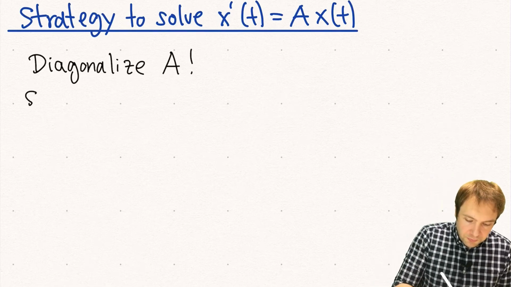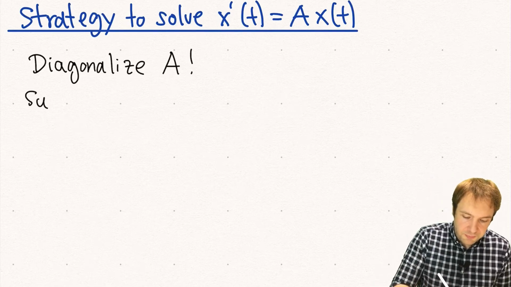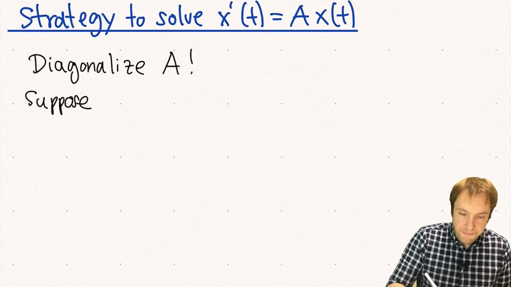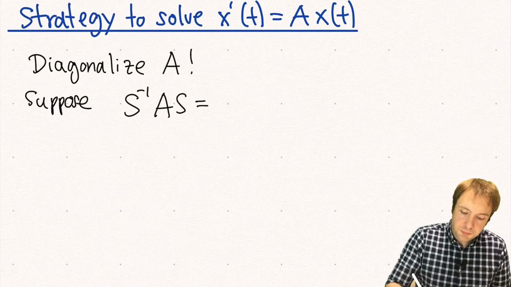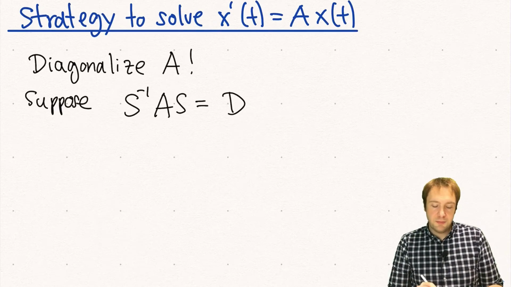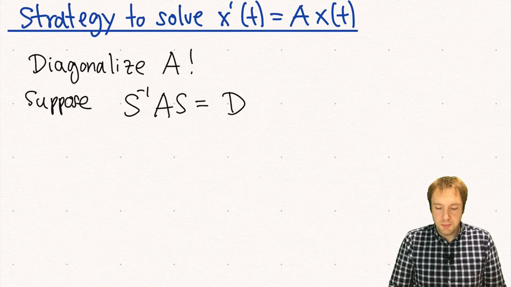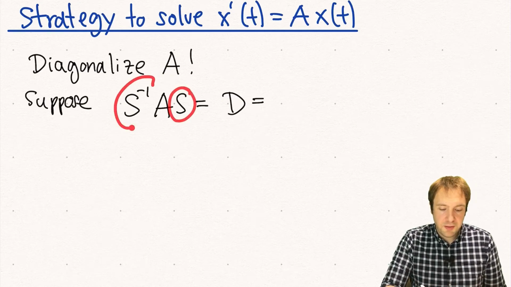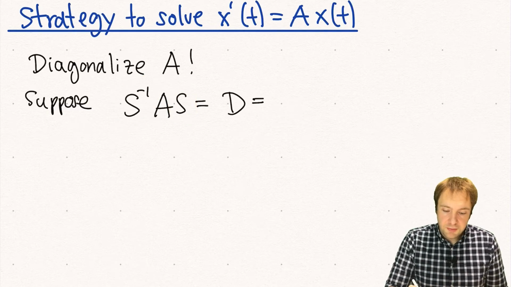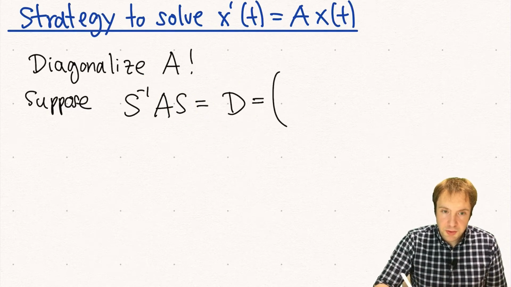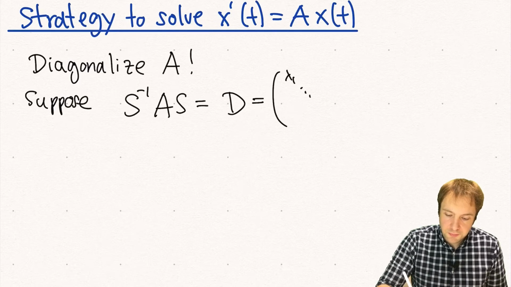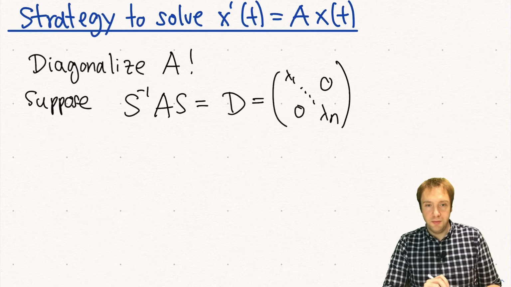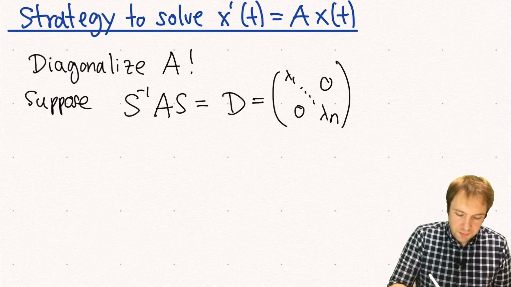So suppose we can diagonalize A, meaning we can find a matrix S such that I can multiply A with S from the right and the inverse of S from the left, and get some matrix D which has diagonal form, with just the eigenvalues of A on the diagonal.